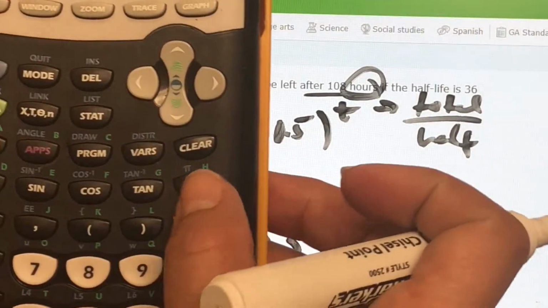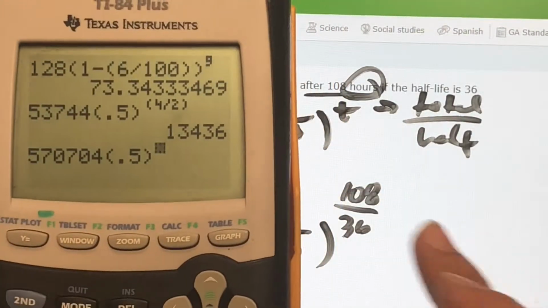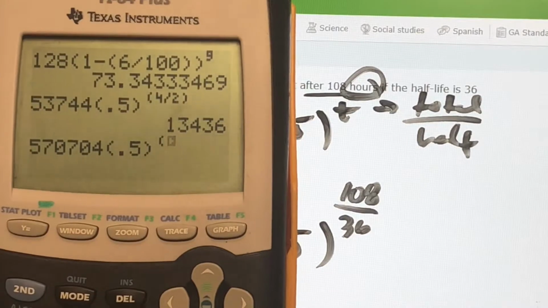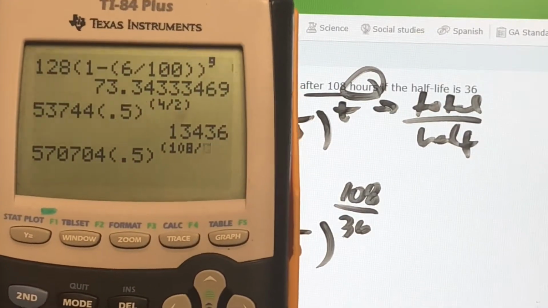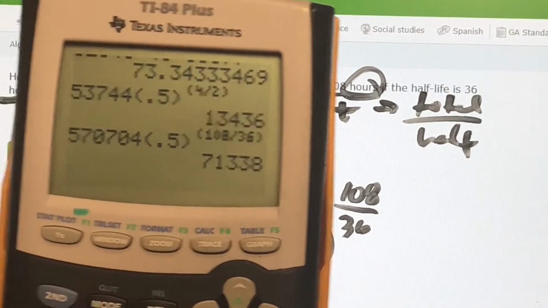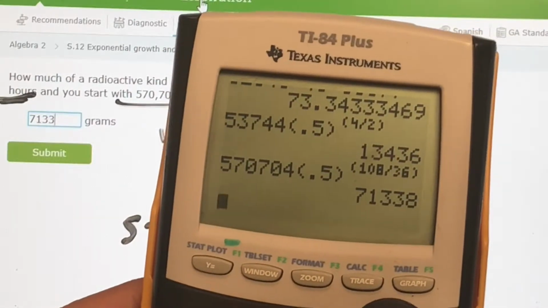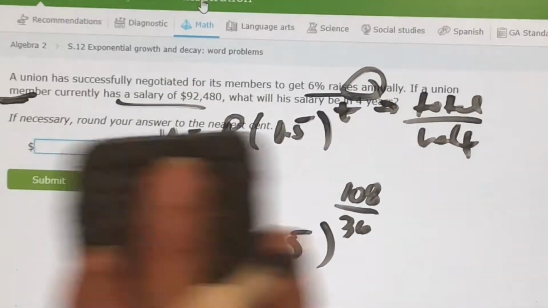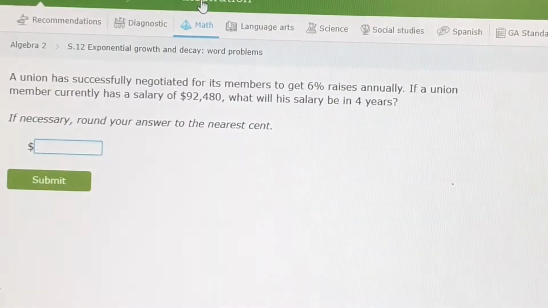Anytime you have a fraction, you put it in parentheses. So 108 divided by 36. And you have 71338.